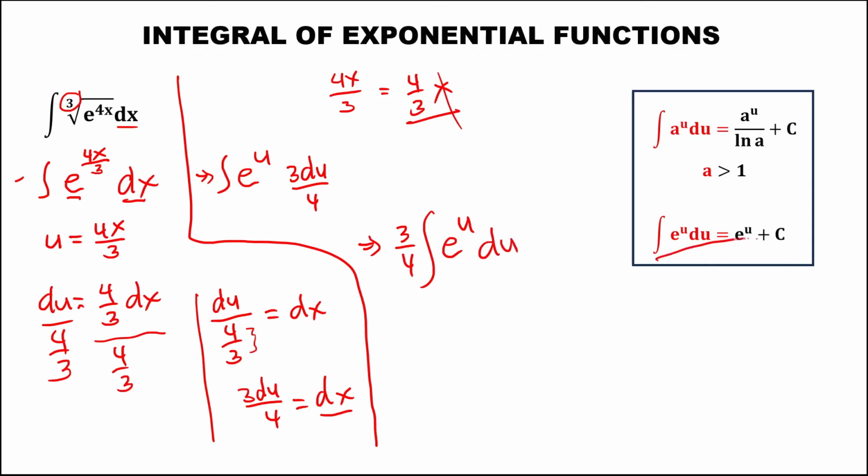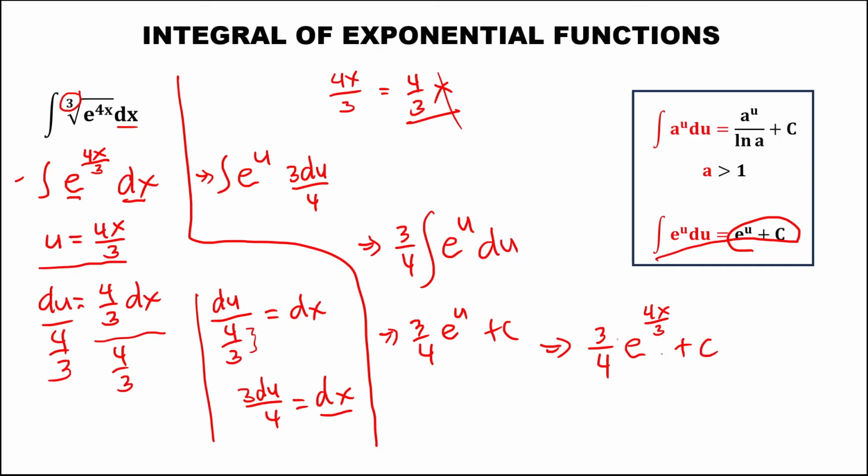So we can use now the formula. That's equal to e to the power u plus c. So we have 3 over 4 times e to the power u plus c. Then substitute now the value of u. So this becomes 3 over 4 times e to the power 4x over 3 plus c.